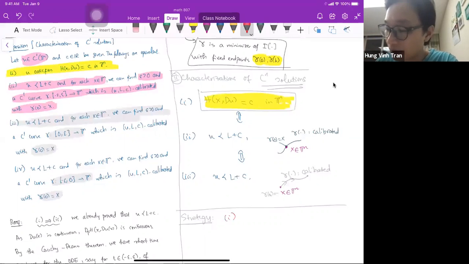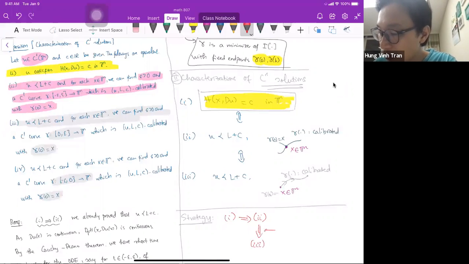So we're gonna show that 1i implies 2i. This is rather clear because we have done that last time, but let me recall it anyway. It's not easy, but it took us some time already. Then I'm gonna show that 2i implies 3i.